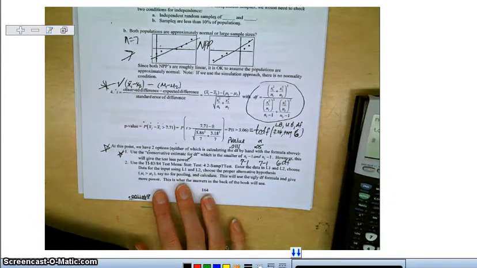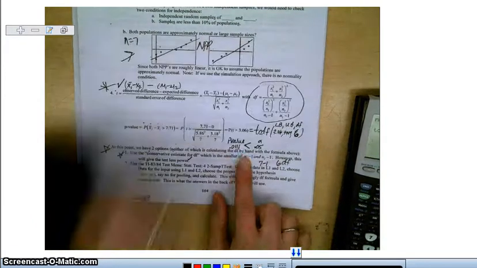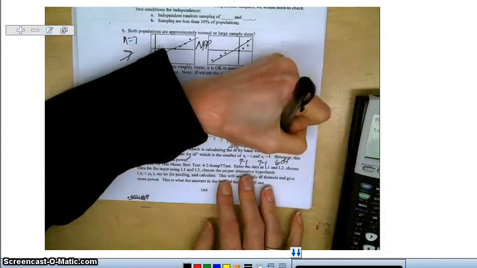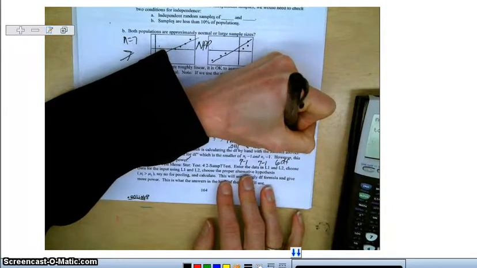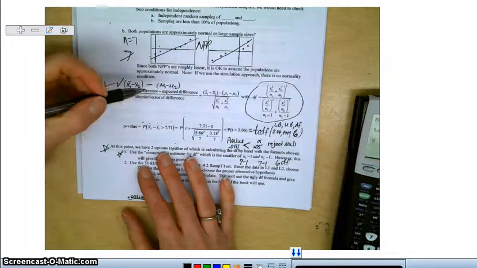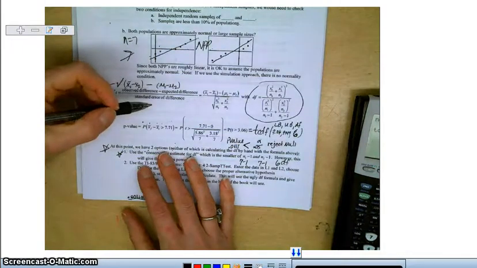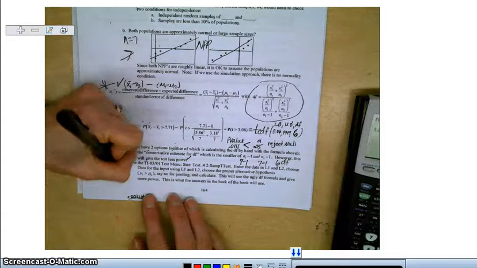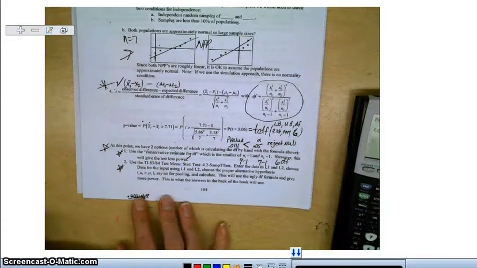All right, so this is less than alpha, and when the p-value is less than alpha, we reject the null. Okay, we would reject the null. We would say that there is evidence that fish oil is better than regular oil at lowering diastolic blood pressure.